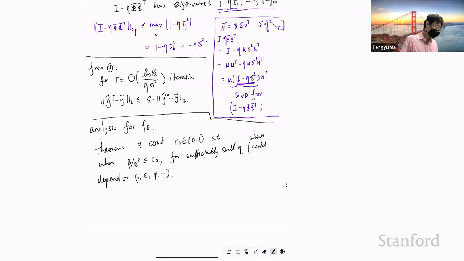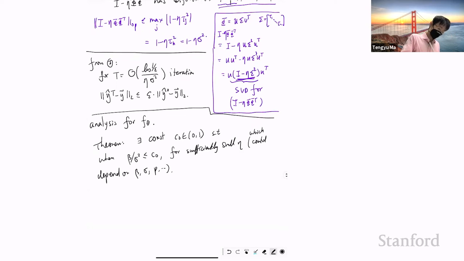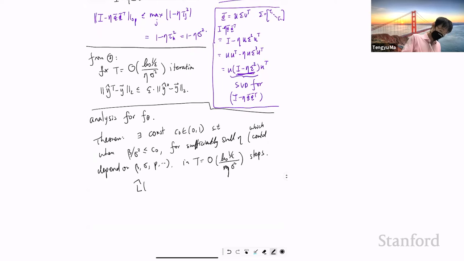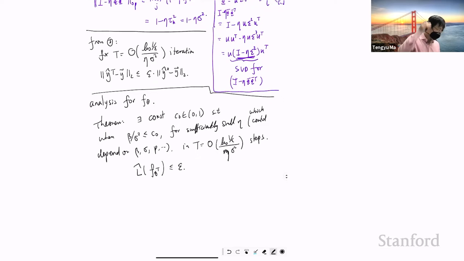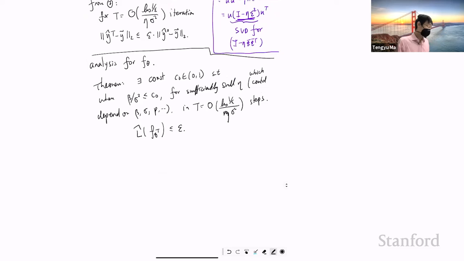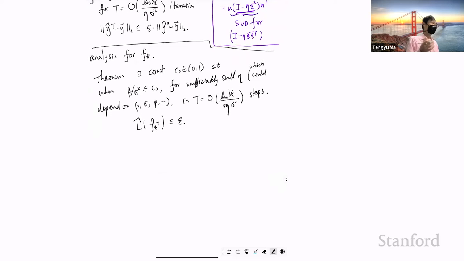But when you have sufficiently small eta, then in t equals O of log 1 over epsilon over eta sigma square steps, the empirical loss for f theta t is also less than epsilon. So the empirical loss for the neural network also has this error epsilon.